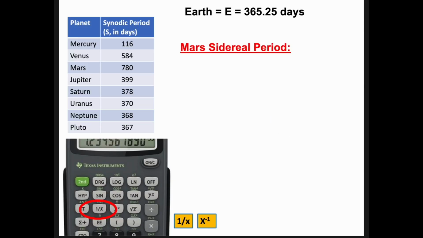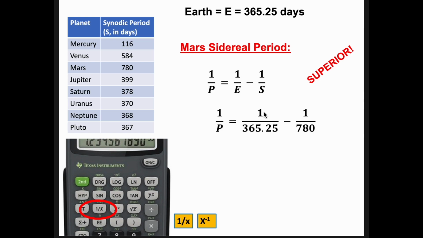So let's now try to figure out the sidereal period for Mars. We have to remember that Mars is a superior planet. Its synodic period is 780 days. So let's write down our equation. 1 over P equals 1 over E minus 1 over S. And let's start filling in what we know. 1 over P equals 1 over the Earth period, 365.25, minus 1 over 780.